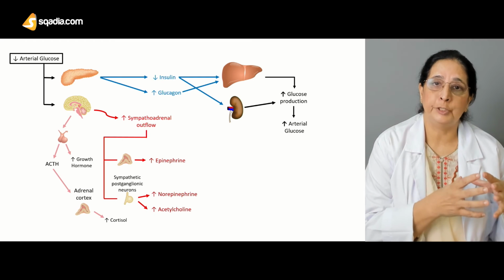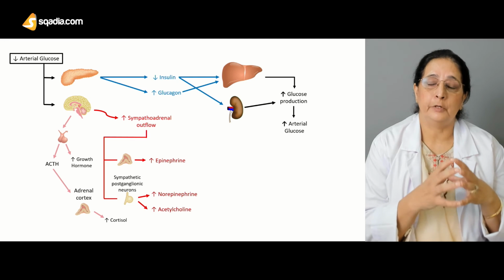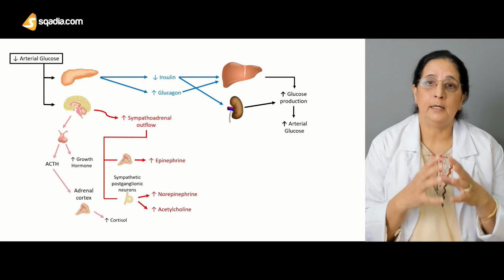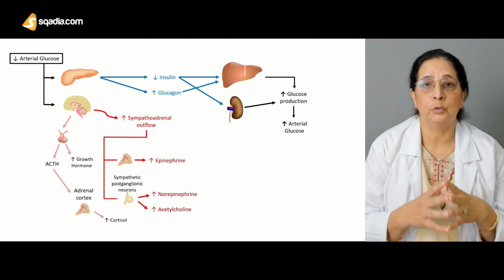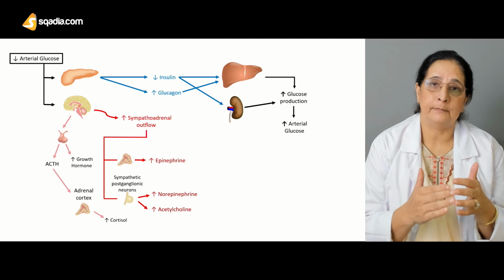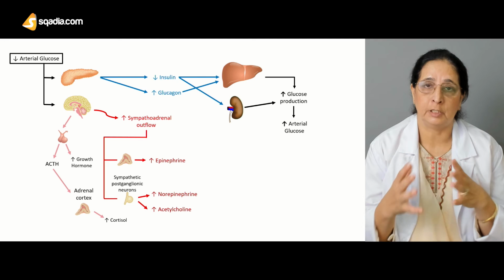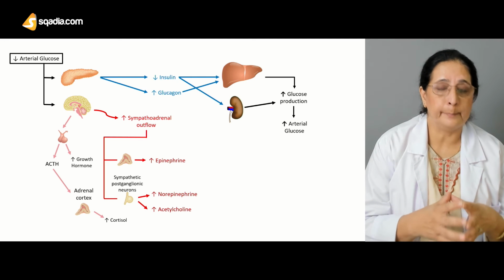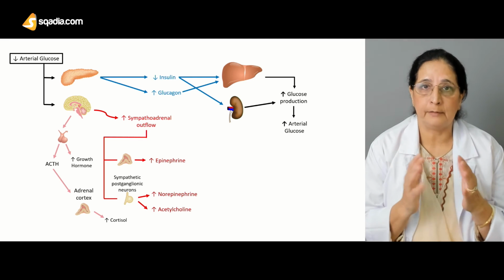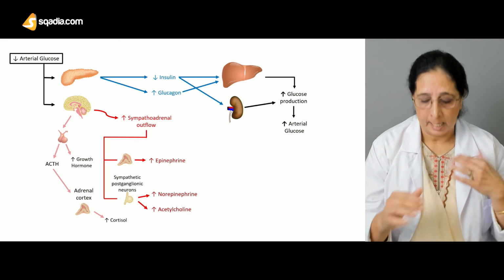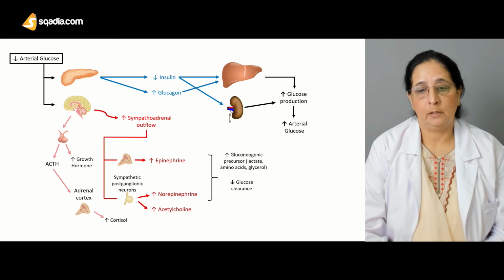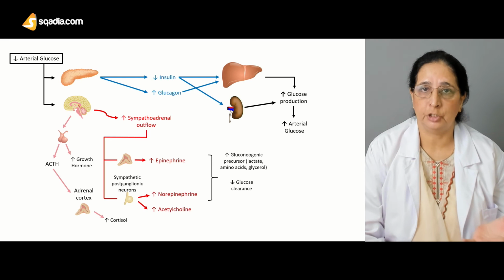One is through the pituitary gland, which causes production of ACTH and then growth hormone. Then the other is through sympathoadrenal outflow, which acts on the adrenal gland for epinephrine production, and then the sympathetic postganglionic neuron to increase norepinephrine and acetylcholine. And all these different hormones cause increased production of glucose.